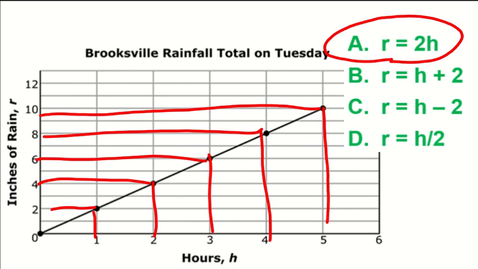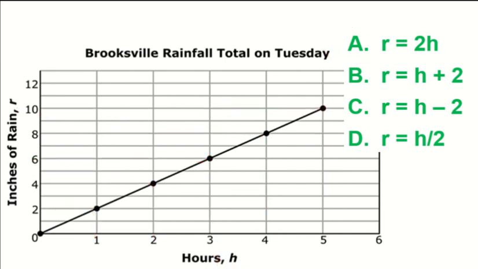Every one of those is giving me 2. So my equation would be y equals 2x if it had our regular variables. In this case, our y-axis is r, our x-axis is h, so it's r equals 2h. Okay? Any questions?